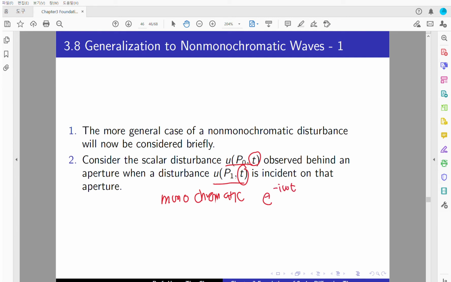So basically we already know the solution for the time dependence, but for the non-monochromatic case we need to find a function of time. Okay, that is our goal.